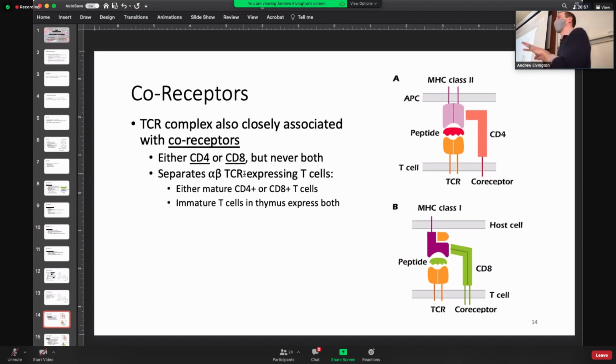What ends up happening is that your mature T cells will never express both. You will have alpha beta T cells that can only be CD4 positive, or alpha beta T cells that can only be CD8 positive. There was a study that came out, oh man, it must have been 7 years ago, presenting evidence that if you did the right kind of cell analysis, you could find some T cells that did express both.